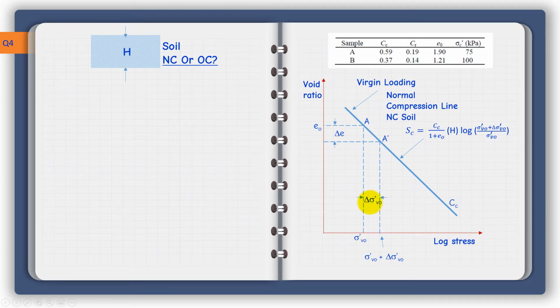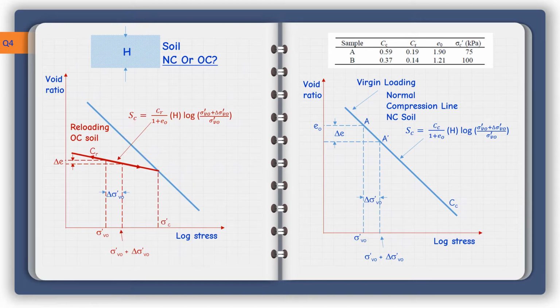We call it here delta sigma dash V naught, and the formula that will represent this settlement is written here. You can review my previous videos. So S_T is the compression index divided by 1 plus e naught, times the thickness of the layer, H in this case, times log of the final stress value, which is that point, divided by the initial stress value, which is that point.